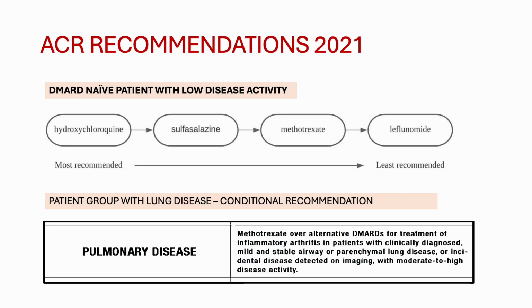Now, if we look at the ACR recommendations for a DMARD naive patient with low disease activity of the joints, they usually start with HCQS, sulfasalazine, methotrexate, and leflunomide in that order.